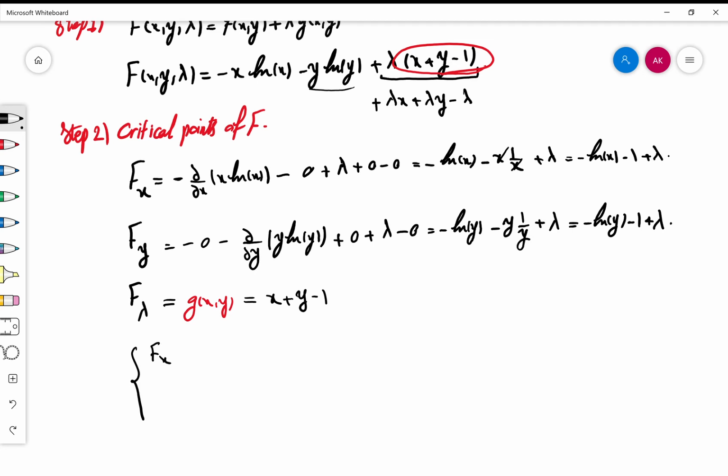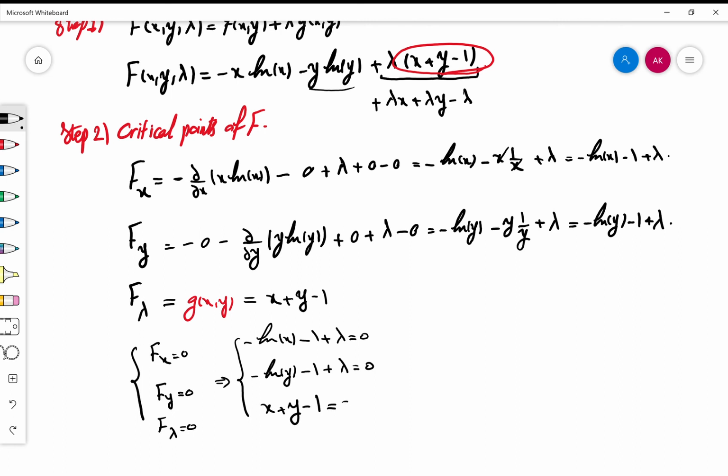That gives me three equations: minus ln x minus 1 plus lambda equals 0, minus ln y minus 1 plus lambda equals 0. And then the last one, remember, always gives us the constraint itself.